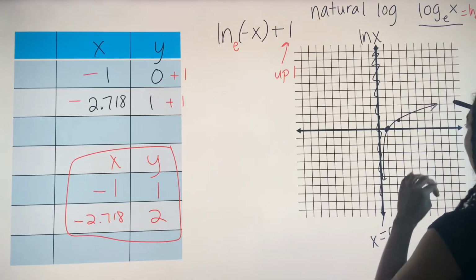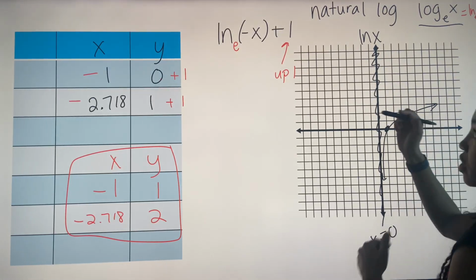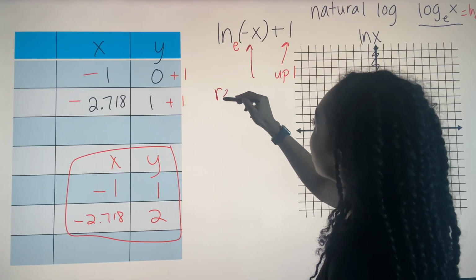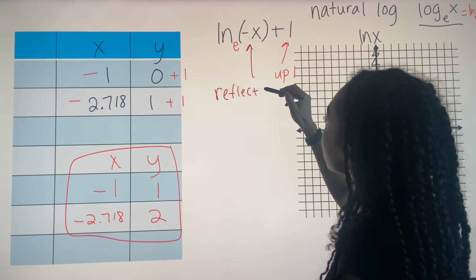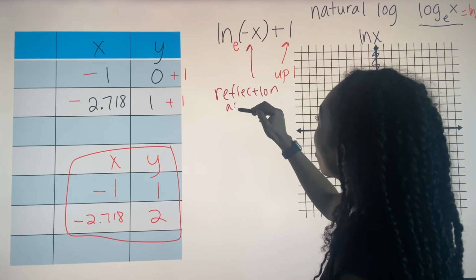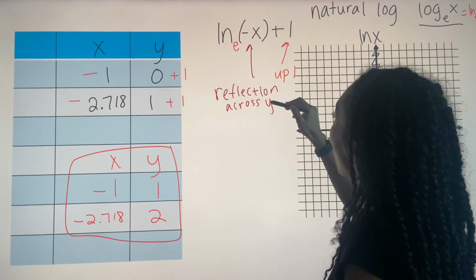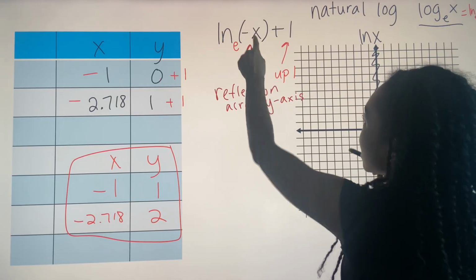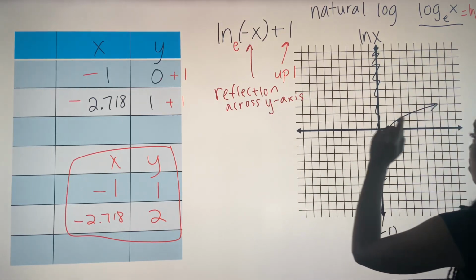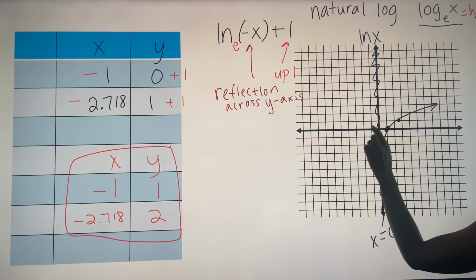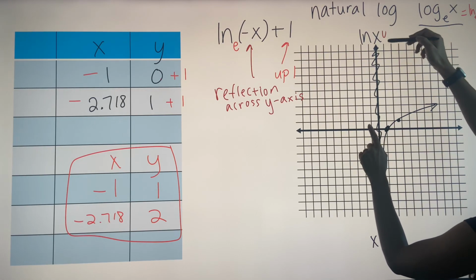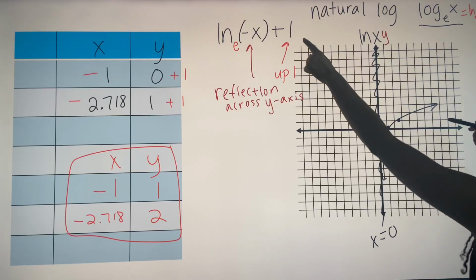Or you can just transform your points that are already here. So this is a reflection across the y-axis because it's inside. So this point will hop over the y-axis. This is the y-axis. And then it'll go up 1.